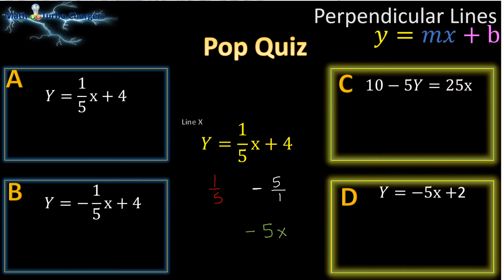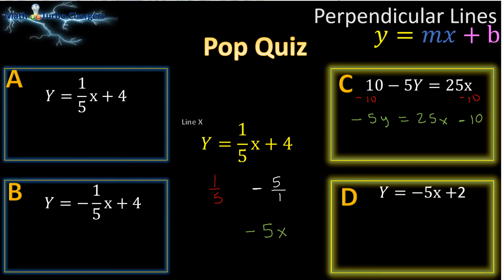But to make this determination, we have to put it back into slope-intercept form. So we are going to remove the 10 and the negative 5 from the left side by doing inverse operations so we can isolate our y. Let's do it. I'm going to subtract the 10 from both sides. That leaves me with negative 5 times y is equal to 25x minus 10.